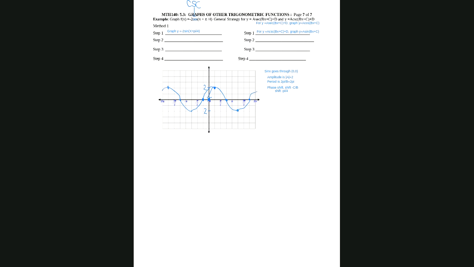Okay, so this is my graph of y equals, oh my goodness, did we forget to do the negative part?